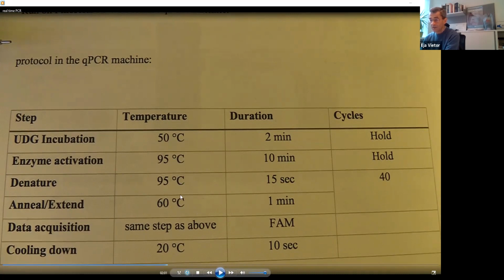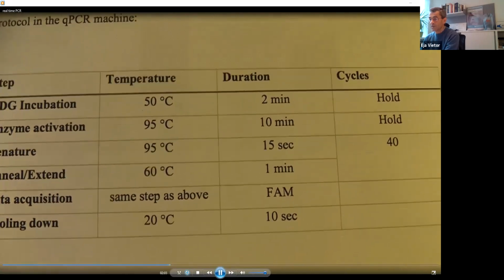During this step, at 60 degrees, the signal is collected and measured. It is important to know which dye is used in your samples, because there are several different possibilities. We have in our TaqMan probes FAM dye, and then at the end, after 40 cycles, it cools down to room temperature, and then you can read out the results.